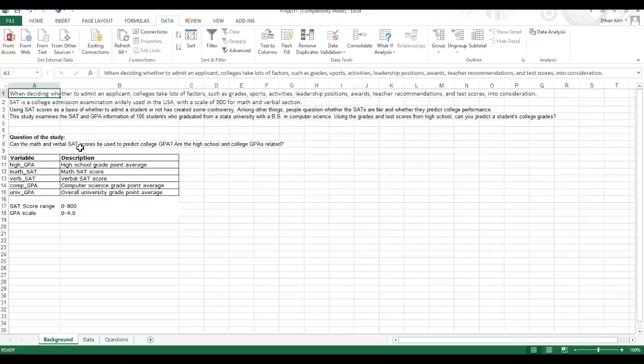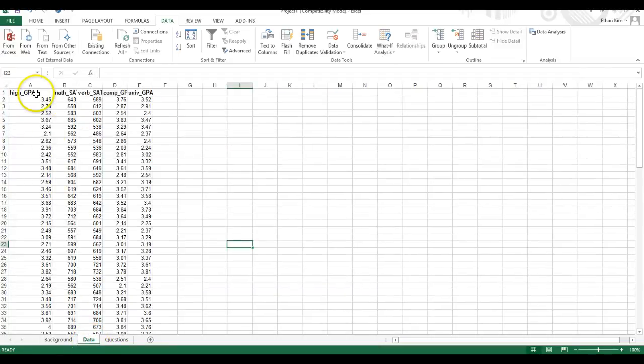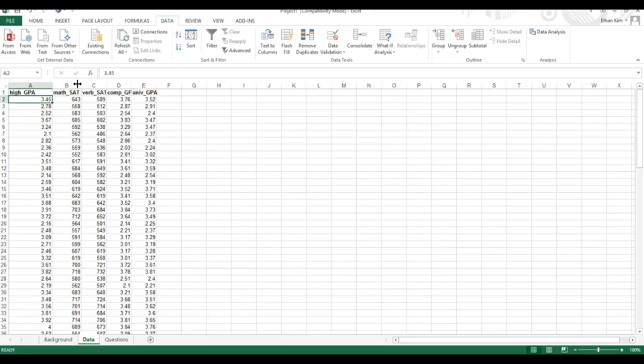And obviously we're not going to have the population, so we just picked out a small sample, and these are 105 students who graduated from State University with a BS in computer science. So these are computer science majors, and if you look at the data here, this is the high school GPA, and for college examination, SAT, we have math and verbal sections.